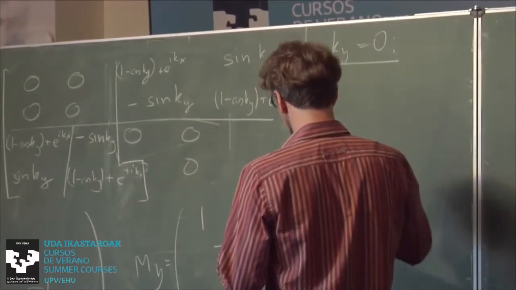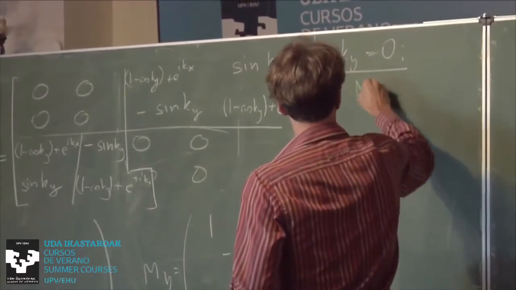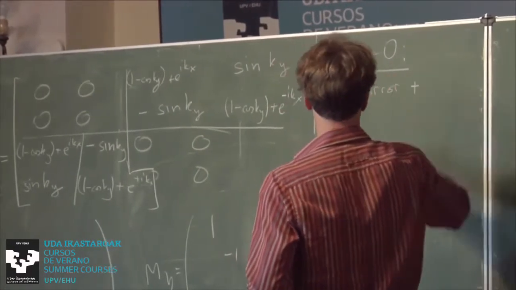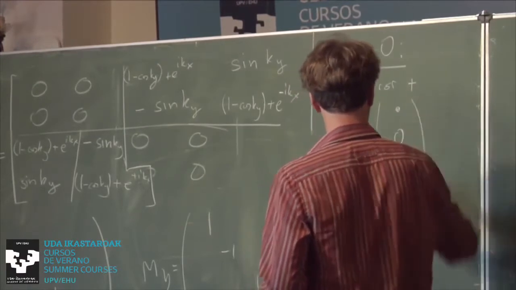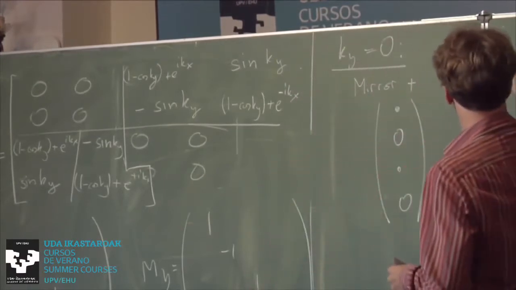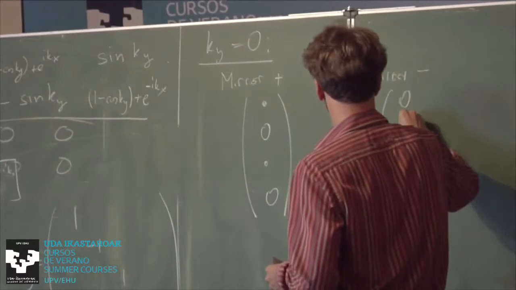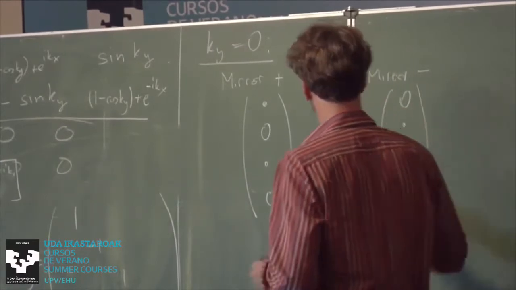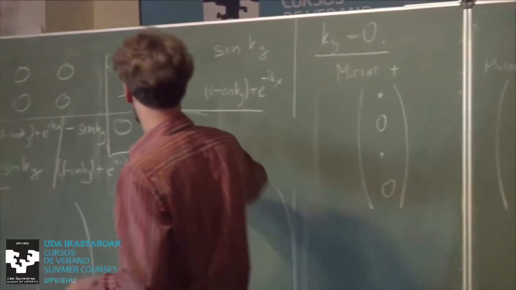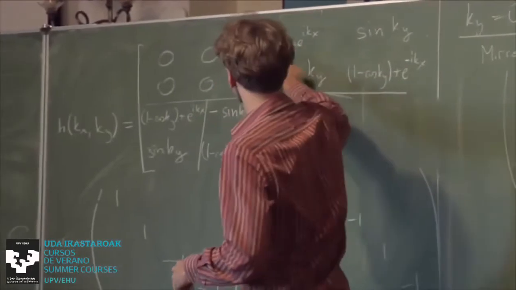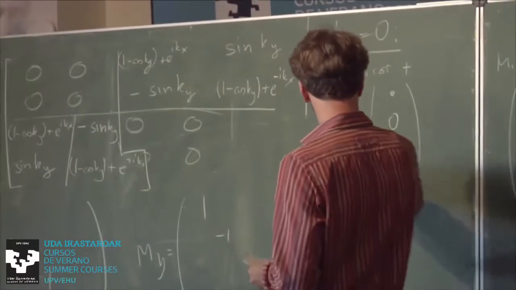So more precisely, if you look at ky equal to 0, you'll see that in the mirror plus subspace, which is wave functions of this form, and then there's a mirror minus subspace, which are wave functions of this form. In the mirror plus subspace, I am only acting on this first pair of Su-Schrieffer-Heeger models.